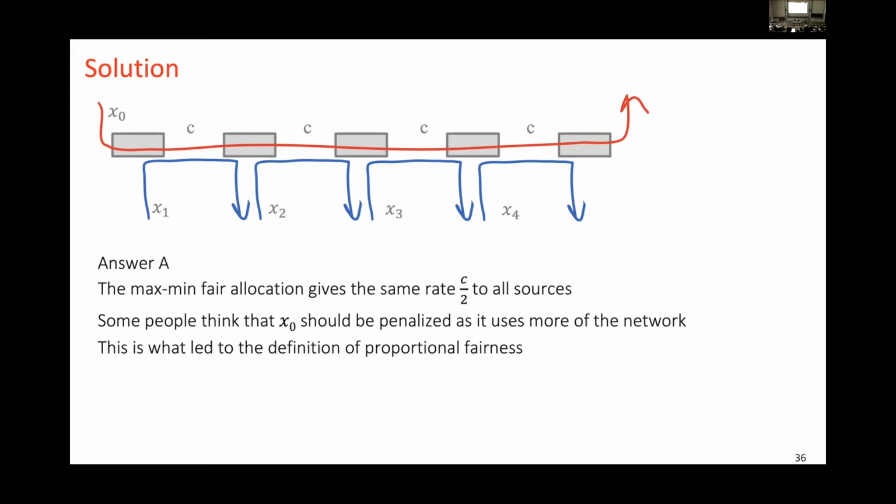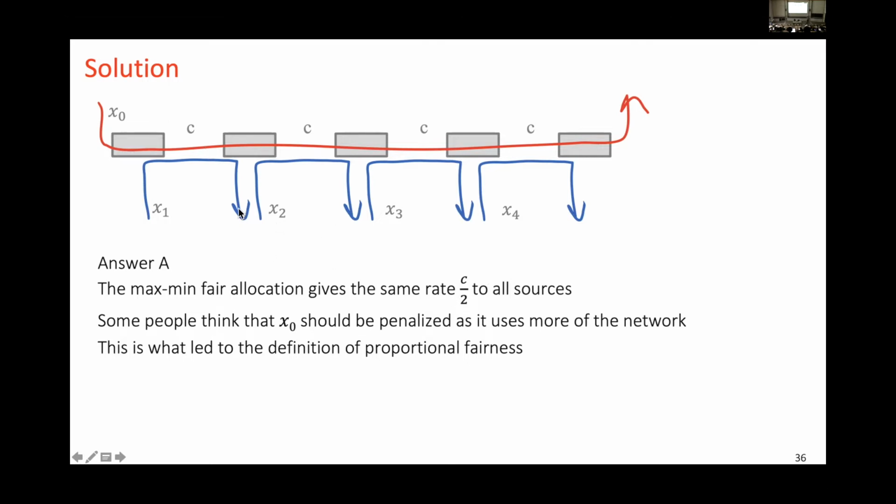But the problem with the max-min fair allocation is that it doesn't take into account how much a flow uses from the network. For example, the red flow is using 4 links of the network, while each of the blue flows uses only 1 link, yet the red flow receives the same rate as the others.